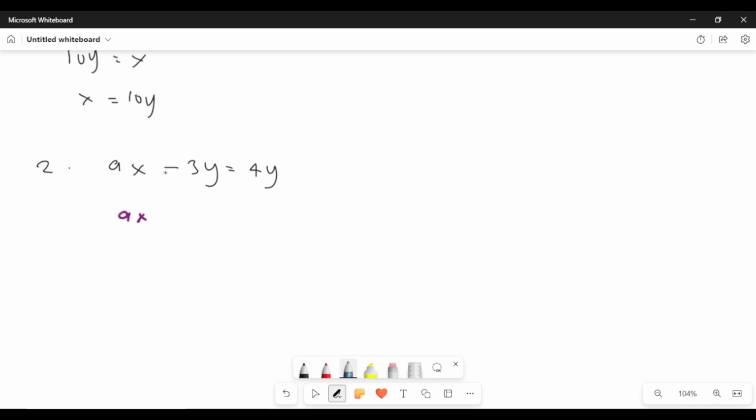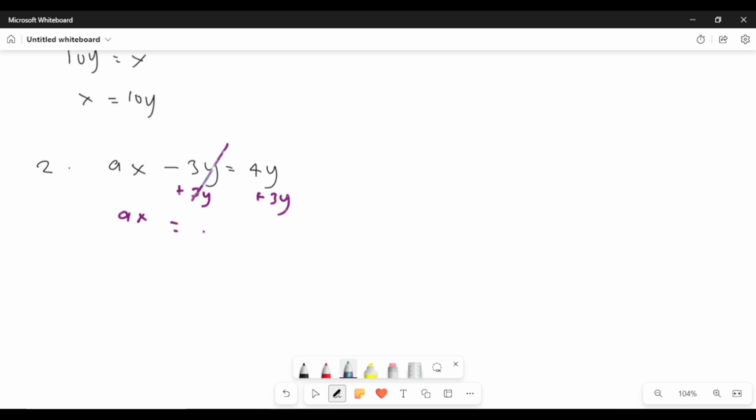So we can isolate the negative 3y to the right hand side by adding 3y to the left hand side, and then we add 3y to the right hand side. So this will be cancelled out because negative 3y plus 3y will become 0.